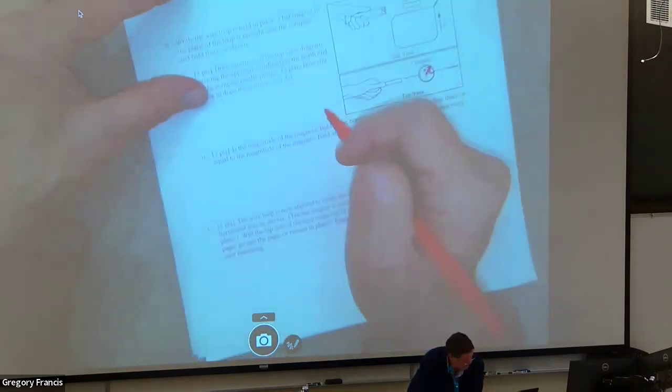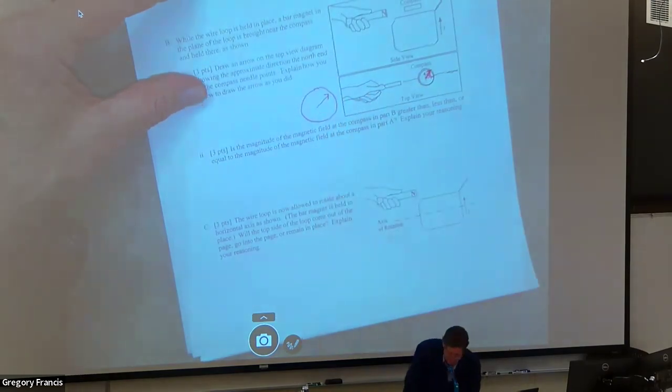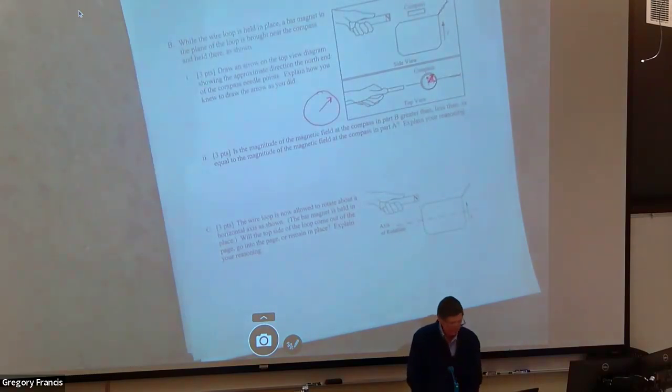So if I draw that bigger, it would point something like that.